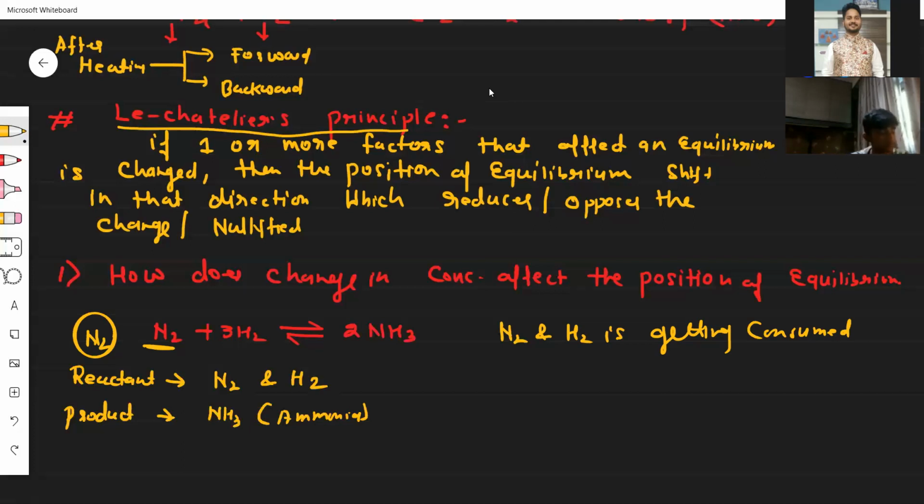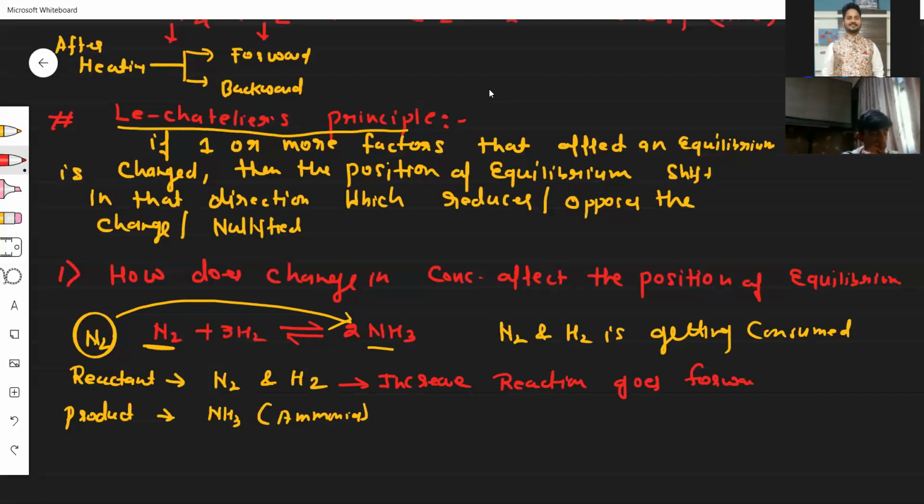Now the nitrogen will react with the hydrogen, and the extra nitrogen you have added will get converted into ammonia. In the same manner, if I add more hydrogen, it will react with the nitrogen and you will get ammonia. So if I increase what is present on the reactant side, the reaction goes forward.